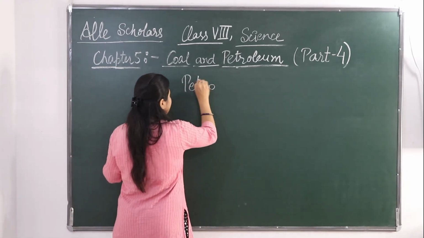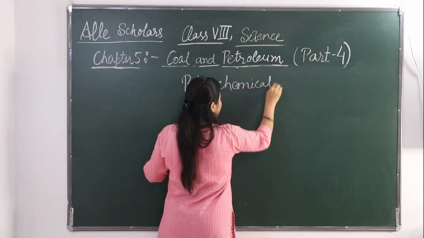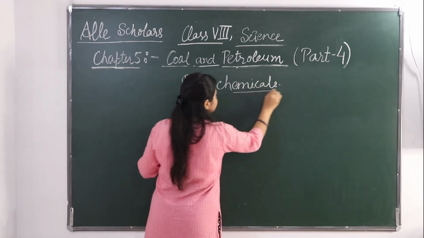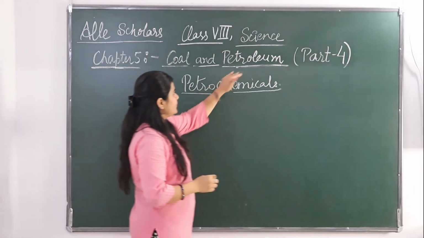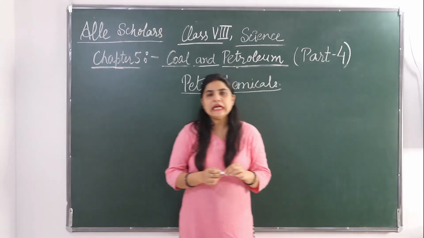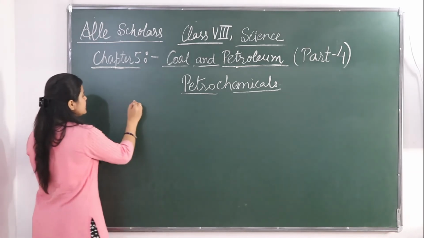We have seen the refining of petroleum. Now we will see about petrochemicals. Many useful substances are obtained from petroleum. They are termed as petrochemicals. What are petrochemicals?